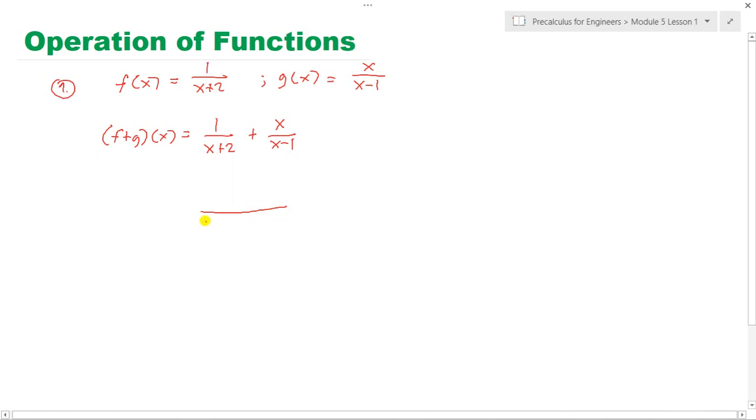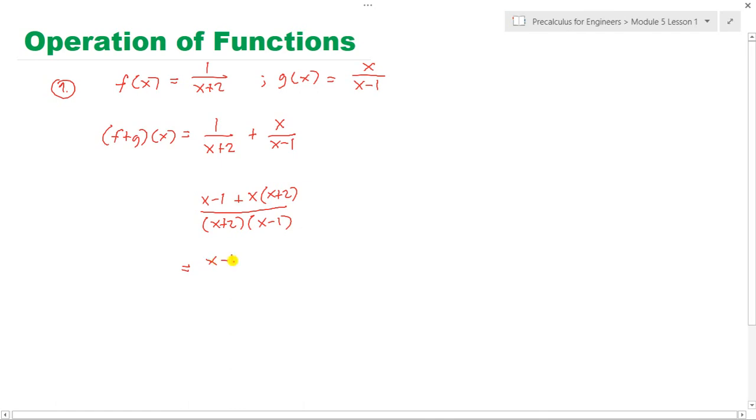So here, solve for the LCD. The LCD is x plus 2 times x minus 1, then divide by the denominator of the first fraction, then multiply by the numerator. So we have x minus 1, and then plus on the second fraction, the same procedure, so we have plus x times x plus 2, and then simplify.